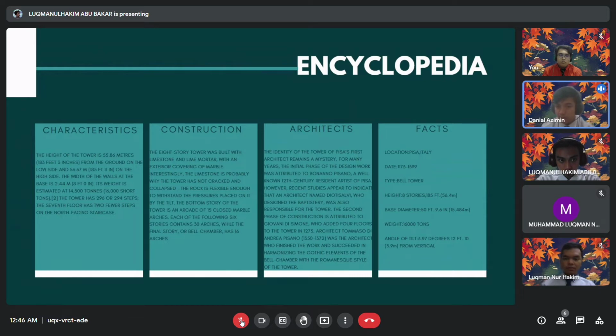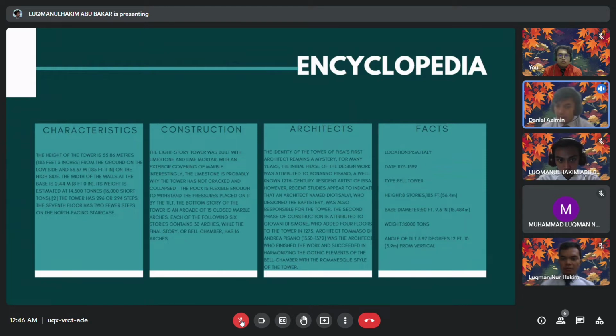The second phase of construction is attributed to Giovanni di Simone, who added 4 floors to the tower in 1275. Architect Tommaso di Andrea Pisano was the architect who finished the work and succeeded in harmonizing the Gothic element of the bell chamber with the Romanesque style of the tower.